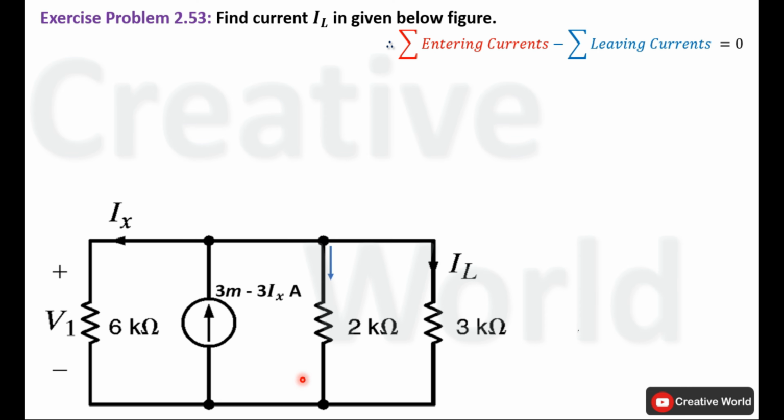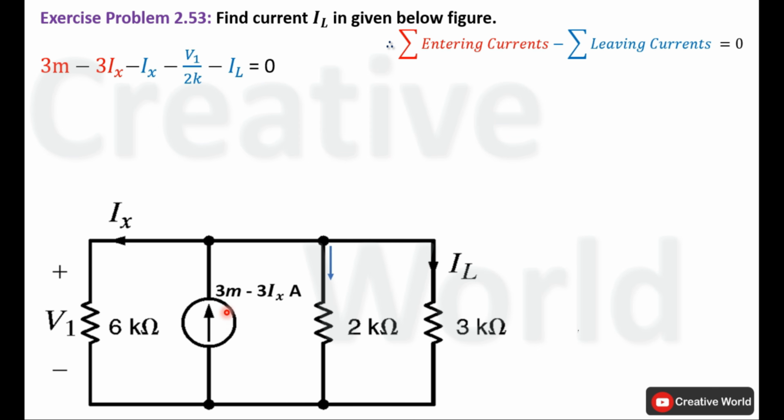Now inside this network, we know the direction of all entering and leaving currents. We can apply Kirchhoff's current law on this node. The KCL equation for this node will be, first of all, entering currents will be taken.